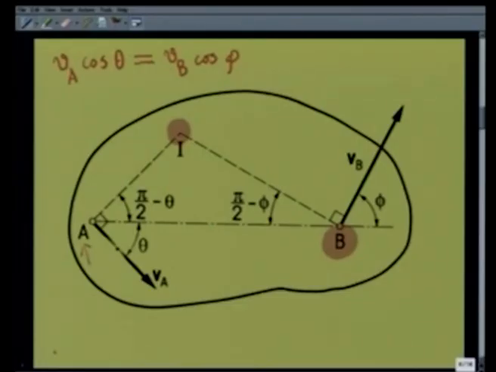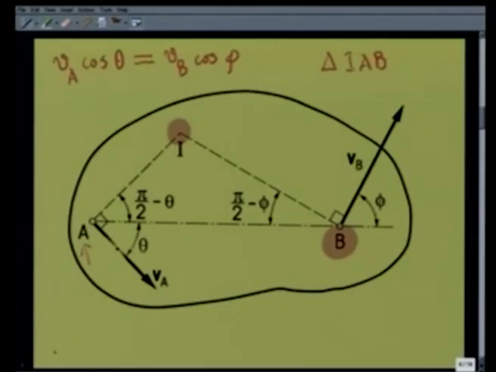Now, let us consider the triangle IAB. Because IA is perpendicular to Va and IB is perpendicular to Vb, we can easily see that this angle is pi by 2 minus phi, and this angle, that is between IA and AB, is pi by 2 minus theta.